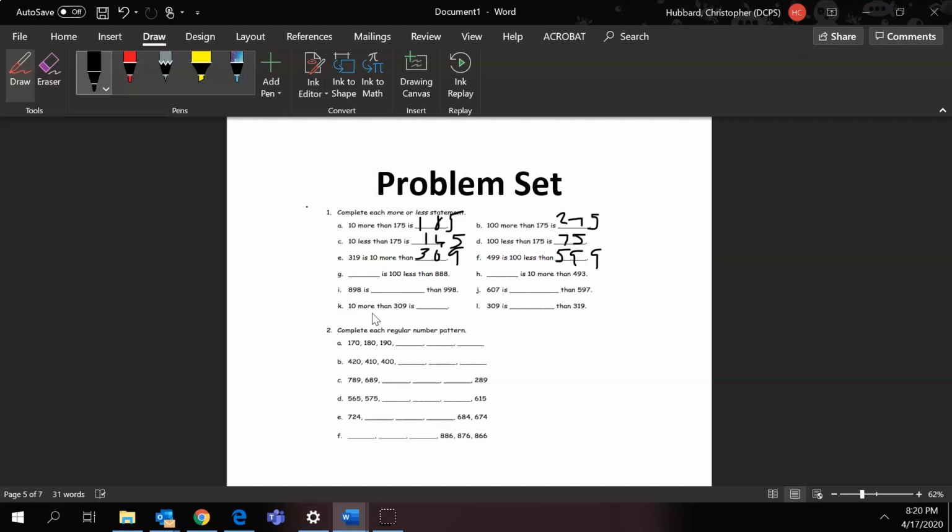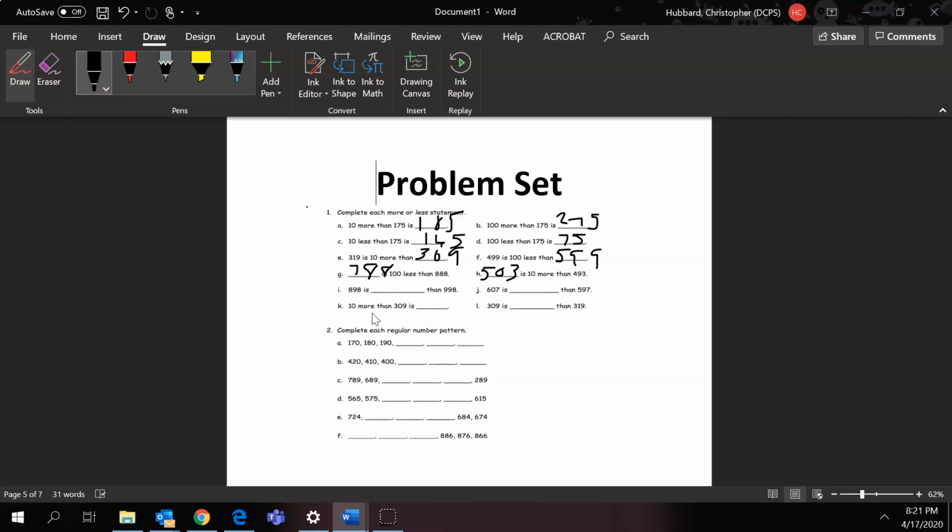Blank is 100 less than 888. That answer would be 788. Blank is 10 more than 493. 503 is 10 more than 493.